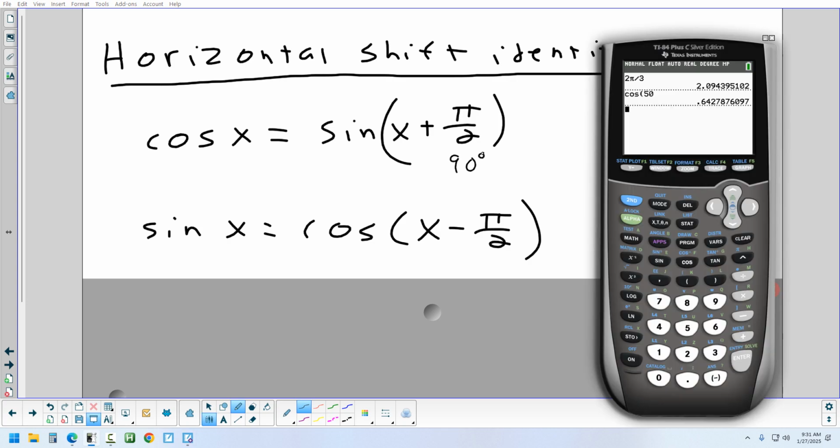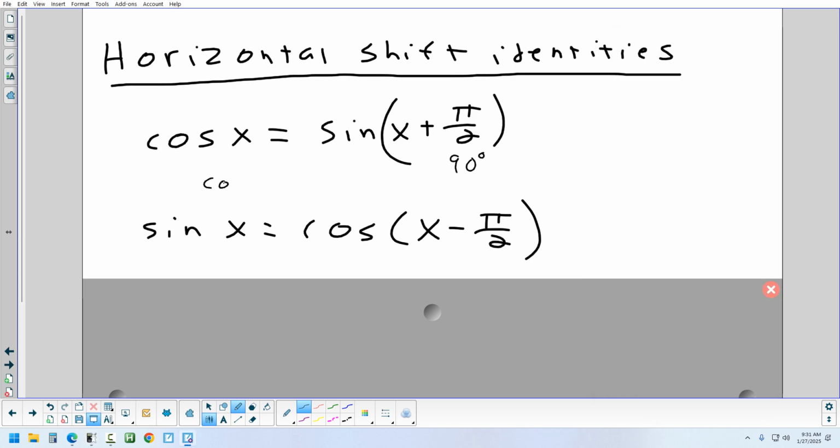Yes, that's 90. So based on that, instead of taking the cosine of 50, I could take the sine of what? And it would come out exactly the same. Think about the cosine of 50 would equal the sine of what plus 90.